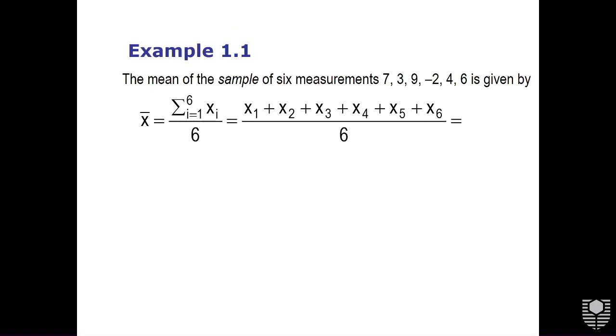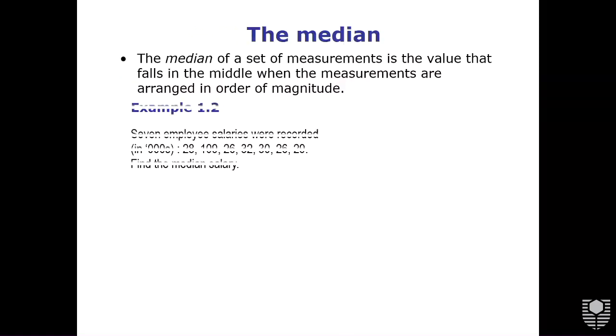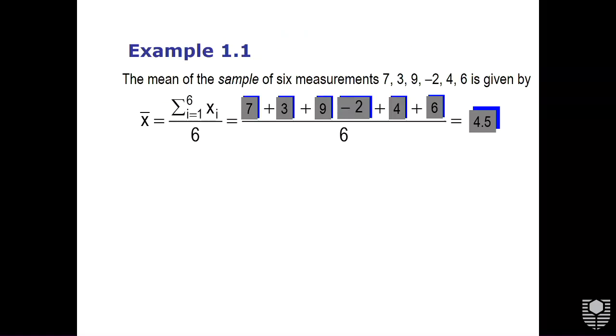That's an example. So, how to find the mean? At the beginning, do you remember when I said define your parameters of interest? What is the parameter of interest here?